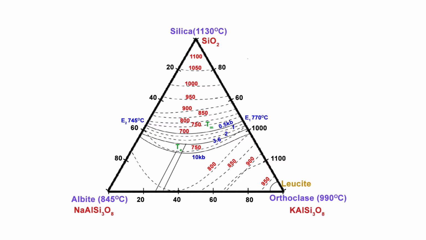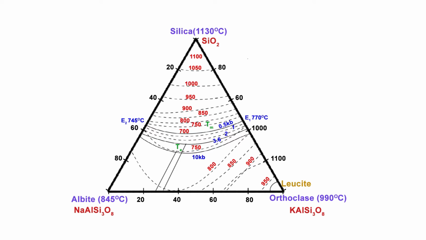In this three-phase system, quartz-albite-orthoclase with water, there occurs a ternary minimum or cotectic minimum at which the last liquids on fractional crystallization tend to reach.